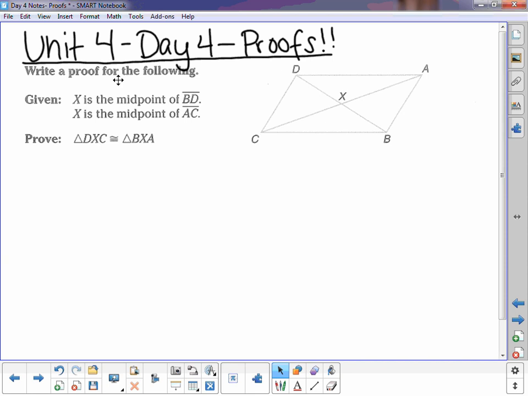So go ahead and sketch this, copy this proof down on your paper. Give you a moment or two for that. Again, we're doing handwritten notes today.